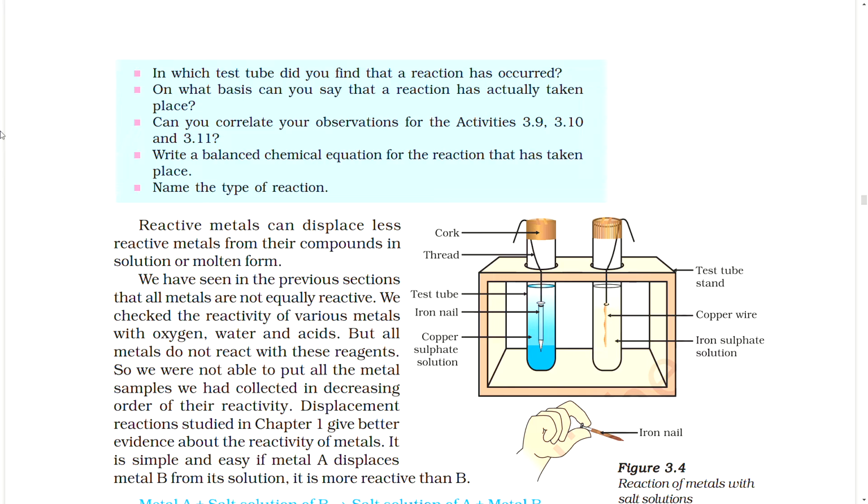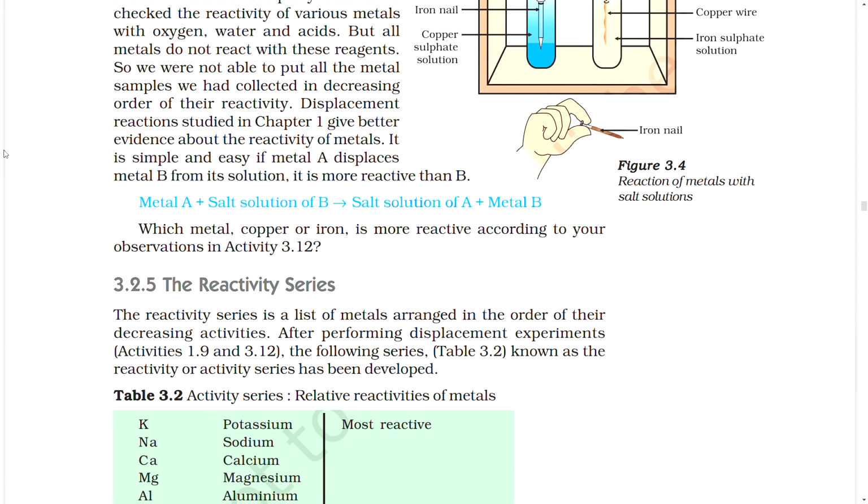So we are not able to put all the metal samples we had collected in decreasing order of their reactivity. Displacement reactions studied in chapter 1 give better evidence about the reactivity of metals. It is simple and easy. If metal A displaces metal B from its solution, it is more reactive than B.